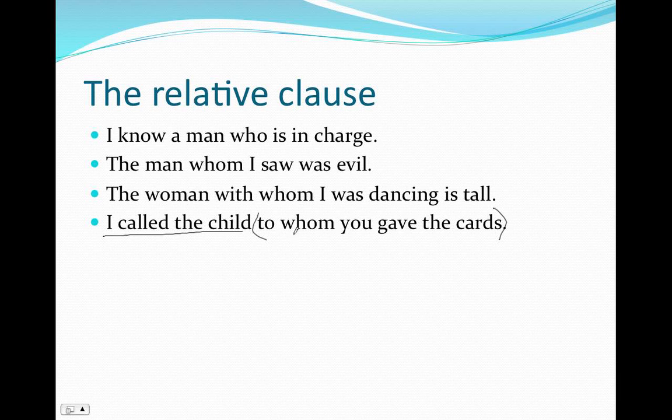And the first thing you should note is that this whom, and the whom, whose, who, which, what, this is called the relative pronoun. And the relative pronoun points back to, right, so the noun that it points back to is called the antecedent.